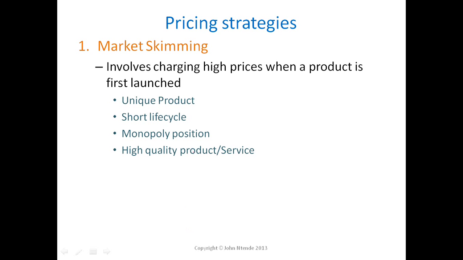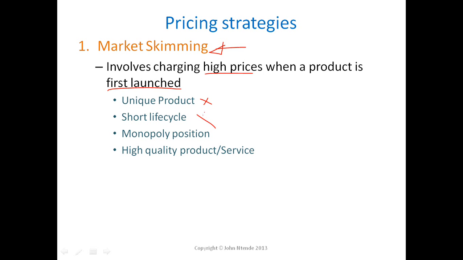So the first one is called market skimming. The basic principle is that you charge high prices when a product is first launched. The key success factors are, one, the product must be unique so that you can charge a high price. Obviously people are not going to pay expensively for a product which is not unique.